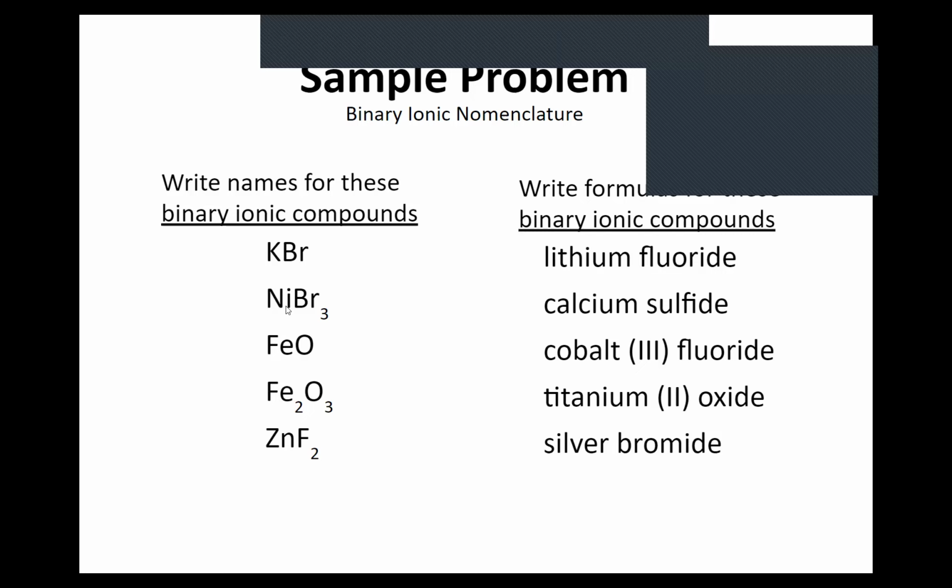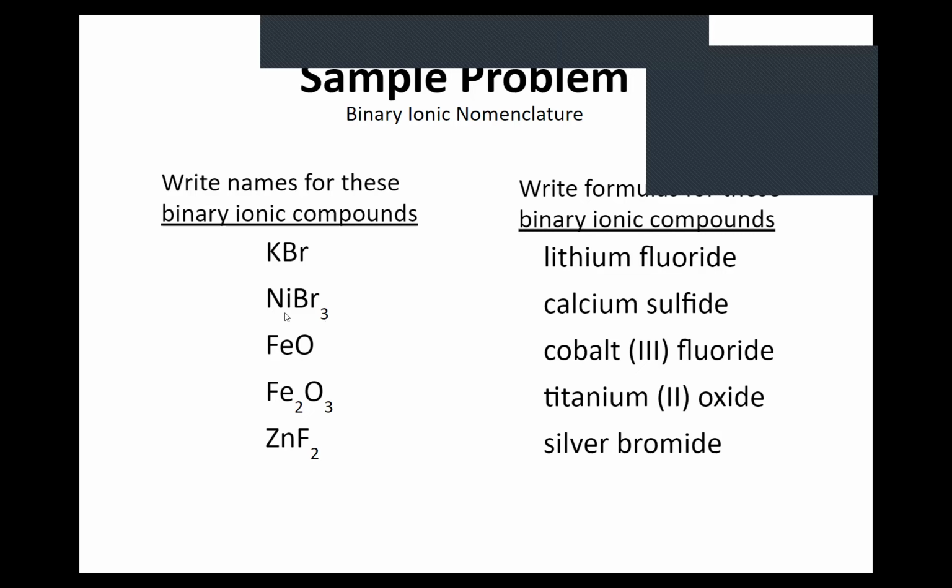Ni, that stands for nickel. I'll give you a second to look for nickel on the periodic table. Look in the transition metal block. Ni. It's towards the top of the transition metal block. It's element number 28. When we pair that with bromine, which is a 1 minus charge, we notice that it takes three bromines to cancel out the charge on one nickel.